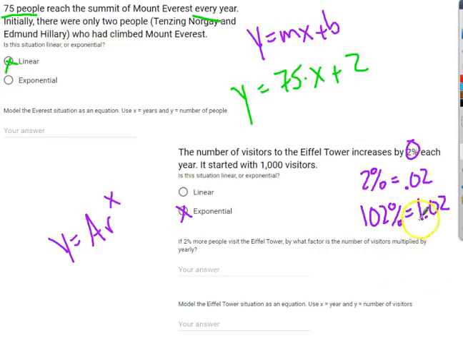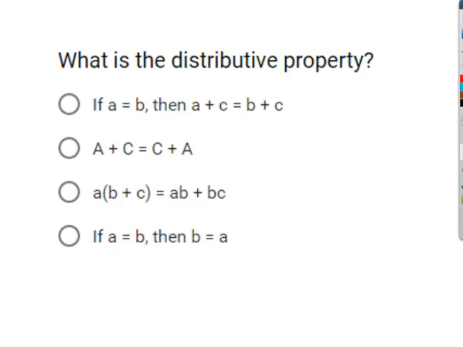So I multiply by 1 to keep the old amounts plus 0.02 or plus 2% every time. So there is 1.02 times as many visitors at the Eiffel Tower every year. So y equals 1,000 to start with times 1.02 for 2% raised to the number of years is the model for that one.